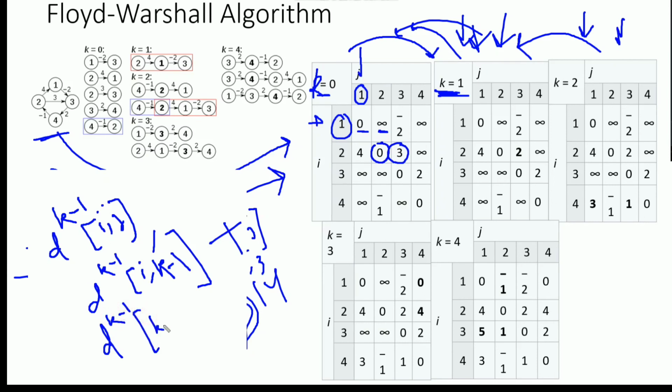Okay, k minus 1 to j. So the minimum of this will be the shortest distance path between vertex I and j.